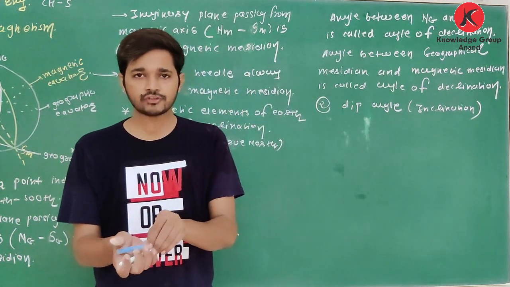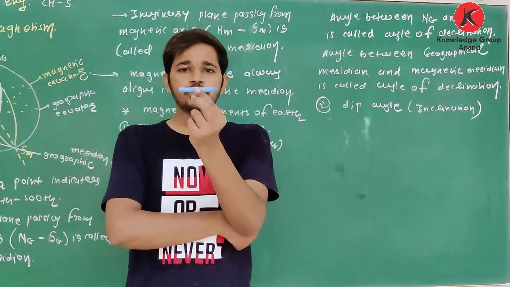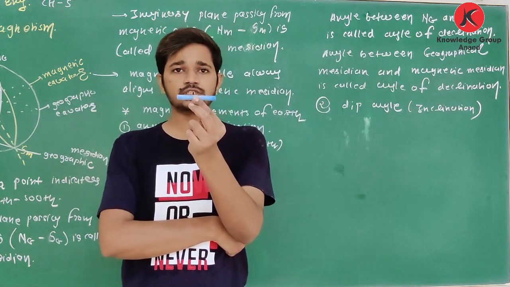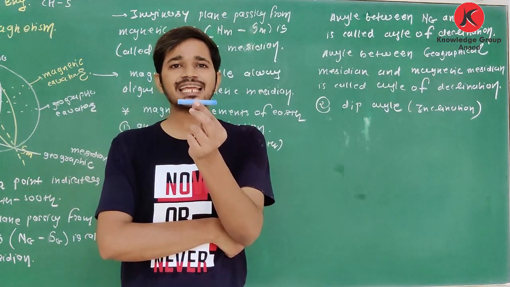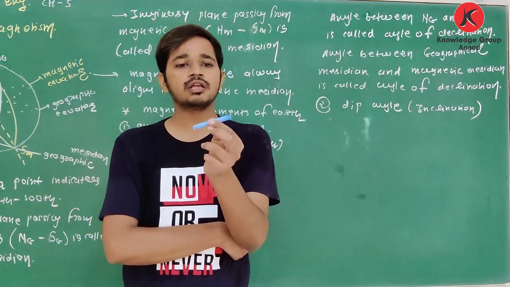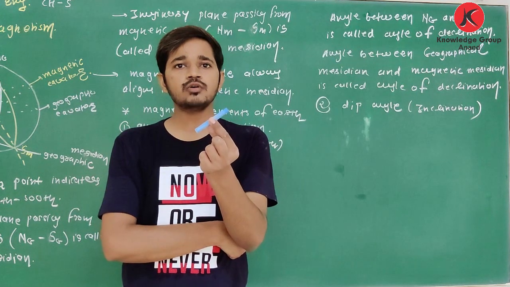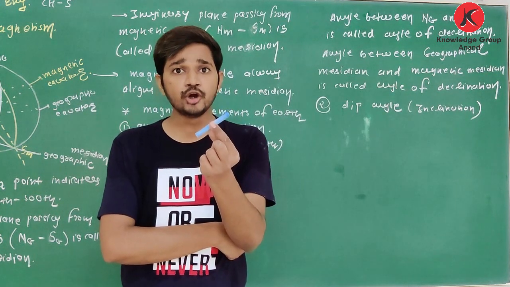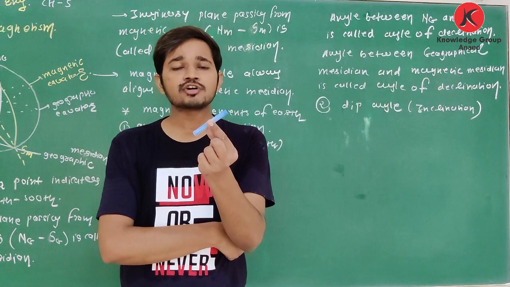See, I have this chalk like this. You can say, sir, this chalk is horizontal. Horizontal means what is the angle made with horizontal? It is 0. Now, is it horizontal? No, it is tilted with horizontal.